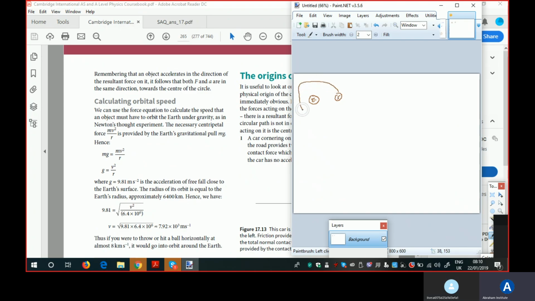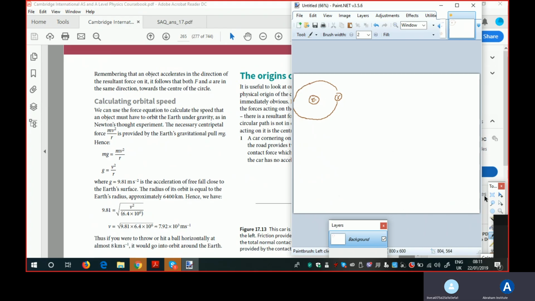So let's say it takes a circular path like this. It goes like that, and it goes around. So imagine it's going in a circle. It goes in this path, and then it comes back, something like that.